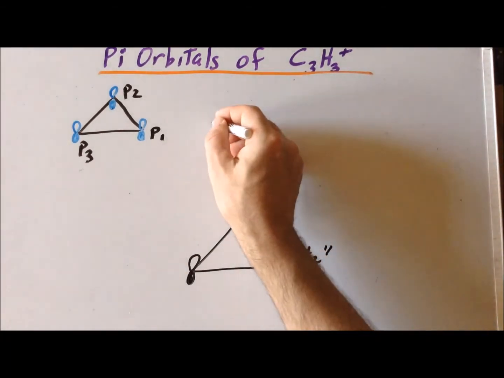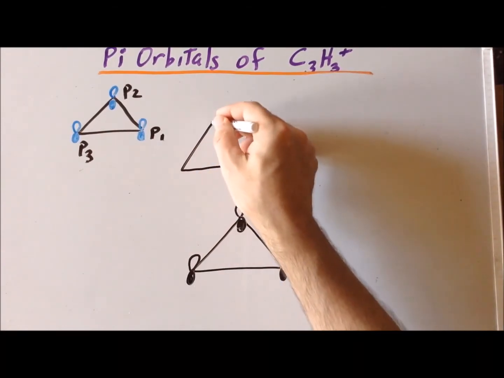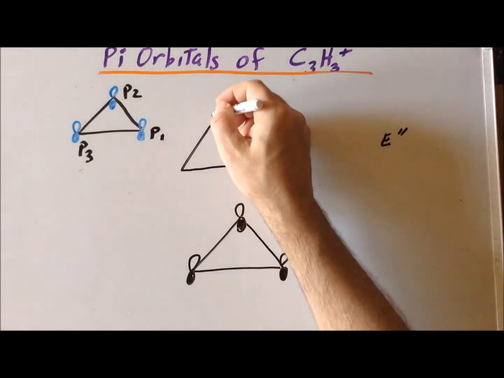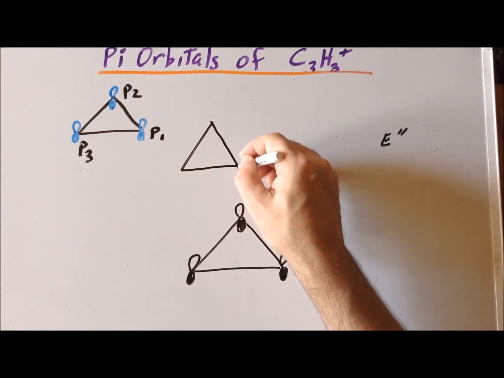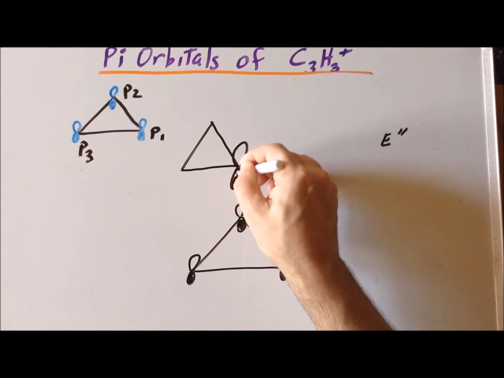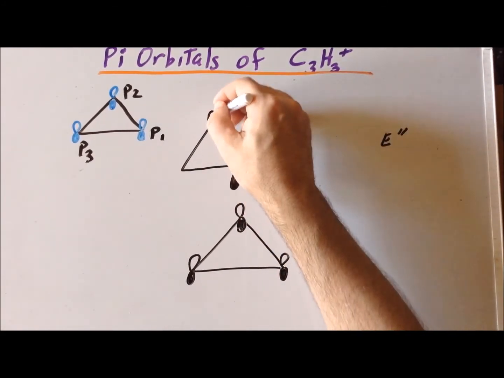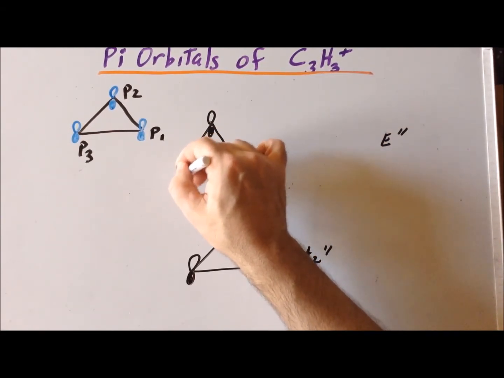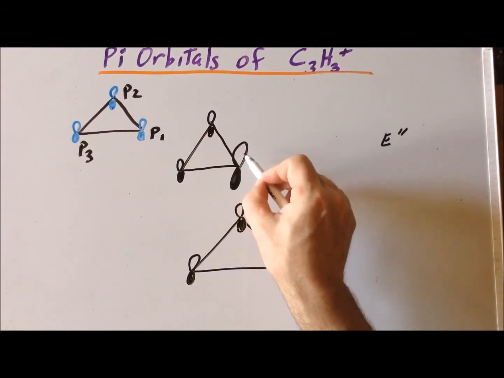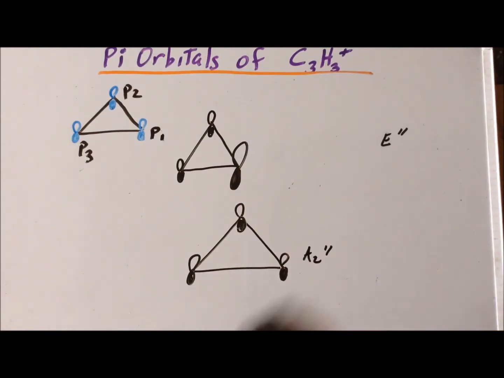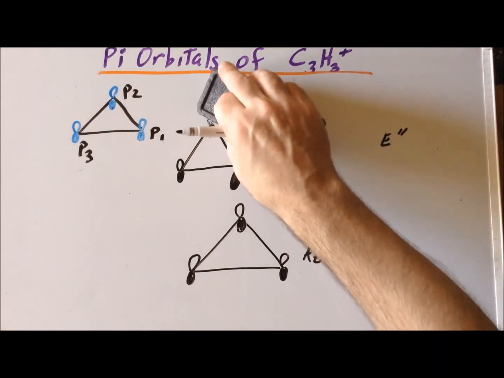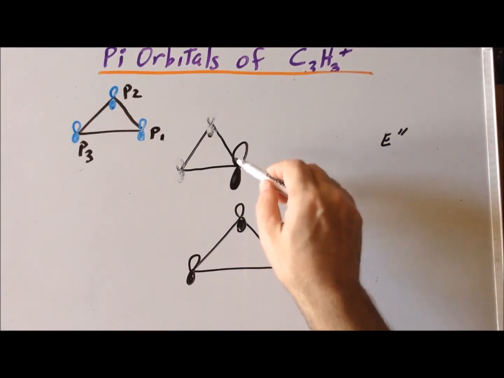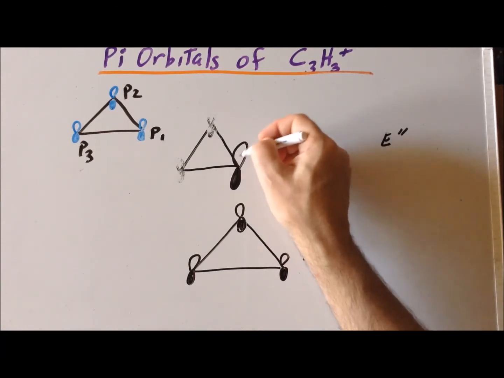We also have the E double prime combination, one of which is 2p1 minus p2 minus p3. So since it's positive phase, positive number, we have positive phase on top.